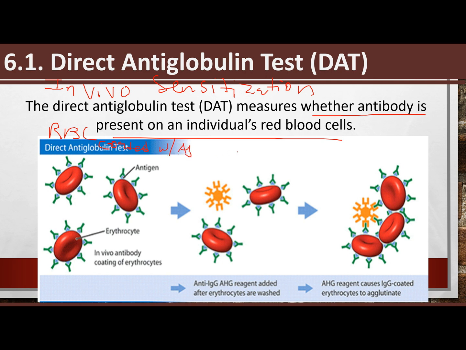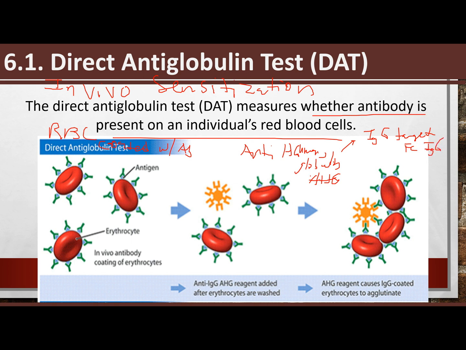with antibodies. Now you get your reagent, your anti-human globulin reagent, or your AHG. Now, your anti-human globulin reagent, or your AHG, is a type of IgG that would target the Fc region of another IgG.